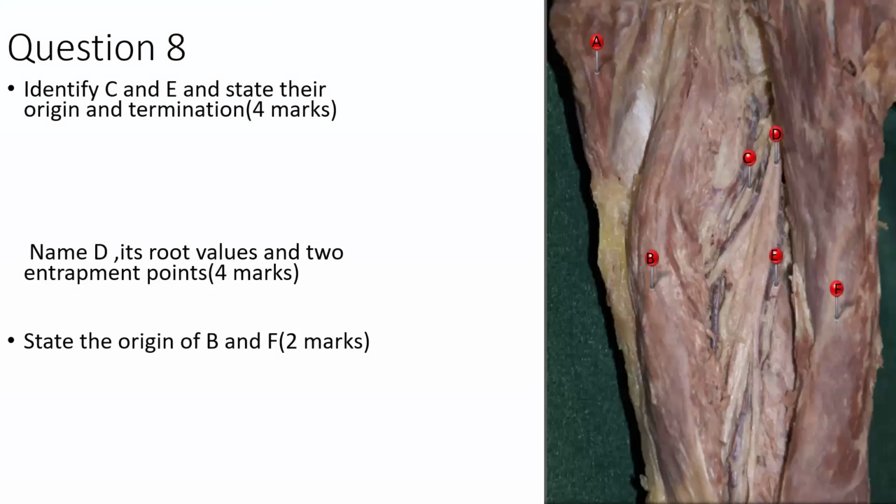Number 8. What is C and what is E? First of all, what region is this? What region are you looking at? Let us start there, because that way we can have an idea.